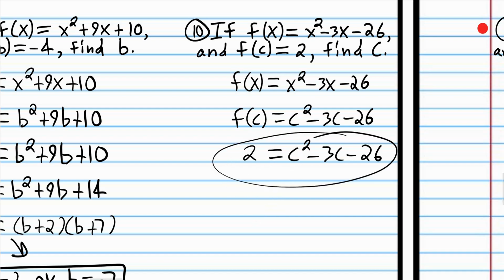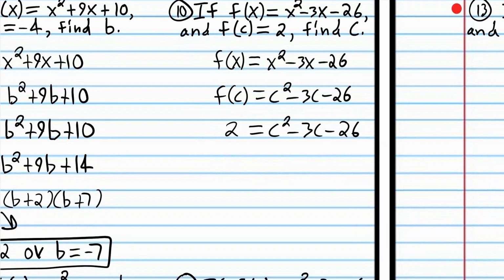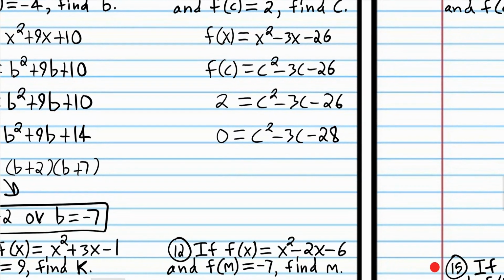But this is a quadratic equation. We can't solve it unless we put it in standard form, so I'm going to subtract 2 from each side of the equation, for both sides of the equation. And now we simply ask, what are two numbers such that when you multiply them you get -28, and when you add them up you get -3?